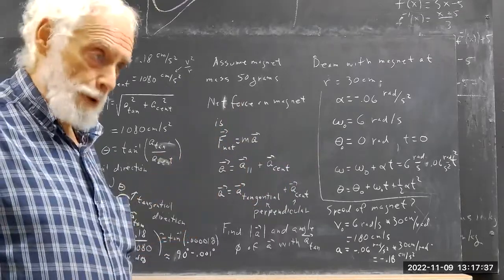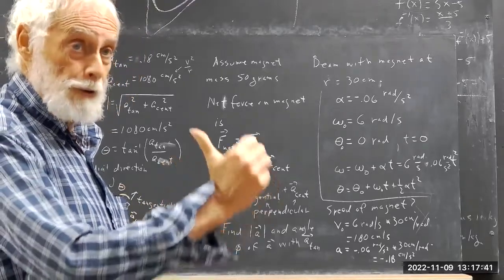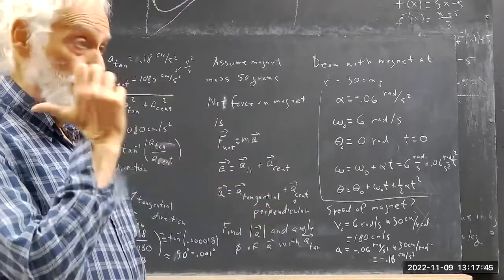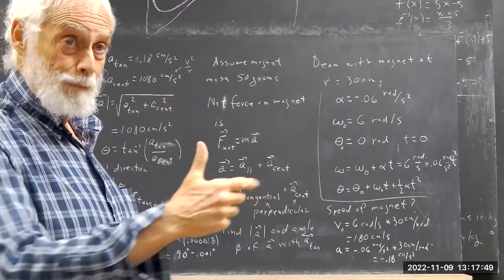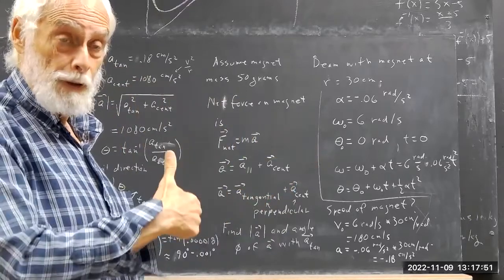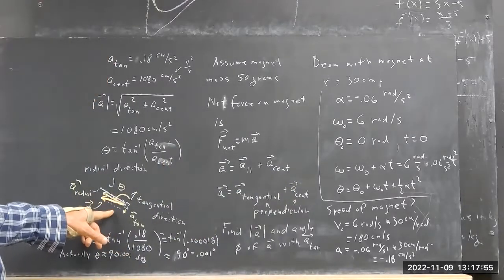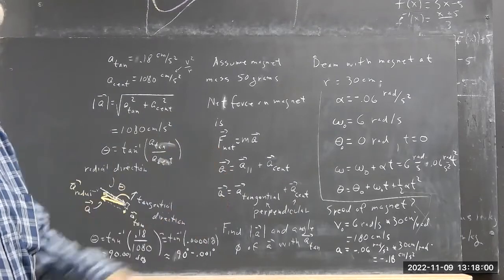If you're coming around the traffic circle, about to make a turn, you might be slowing down, in which case you'd have a tangential acceleration behind you, opposite your motion, and still a centripetal acceleration toward the center. And your picture would be more like this if you're slowing down, and your angle would be on the other side of 90 degrees if you're speeding up.